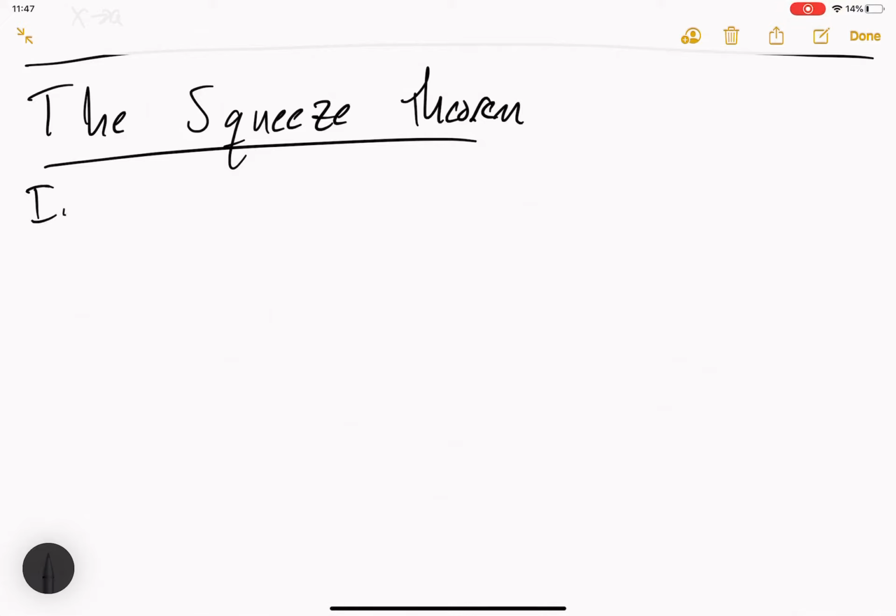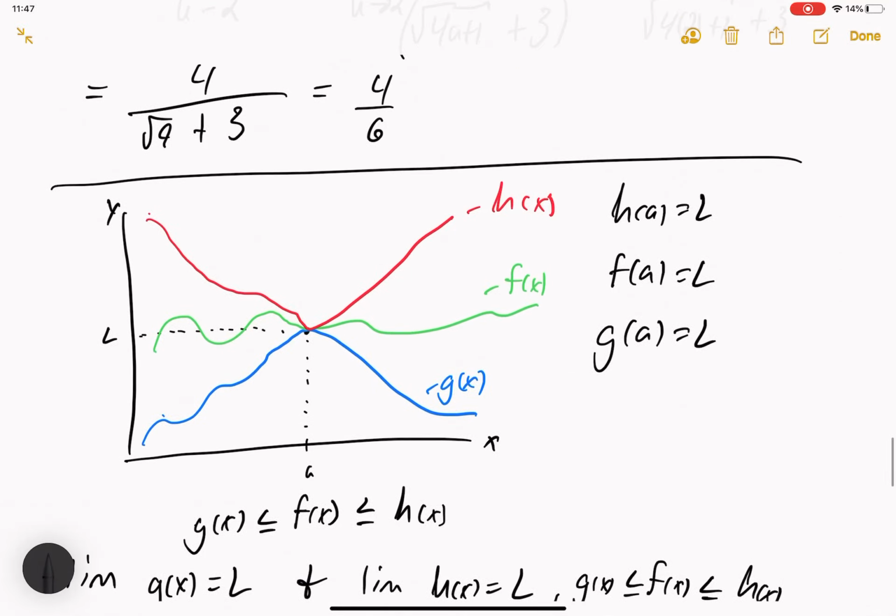So if g of x is less than or equal to f of x, which is less than or equal to h of x, similar to what we're doing above, this graph basically gives us this inequality. So we're going to start with that inequality.